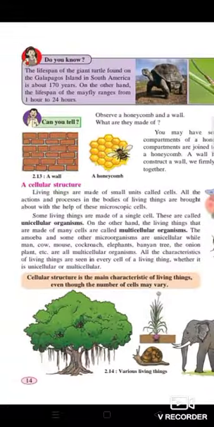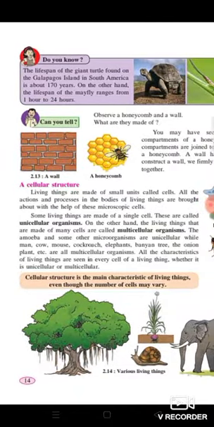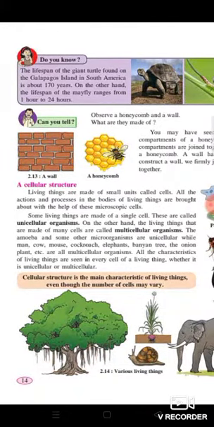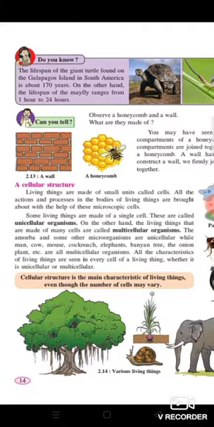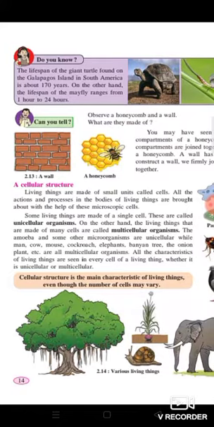So downside you can see this picture. Cellular structure is the main characteristic of living things, even though the number of cells may vary. Vary means what? Differ. So it means living things have a cell structure, but their cell structure differs from each other.